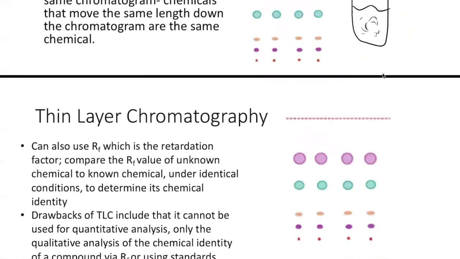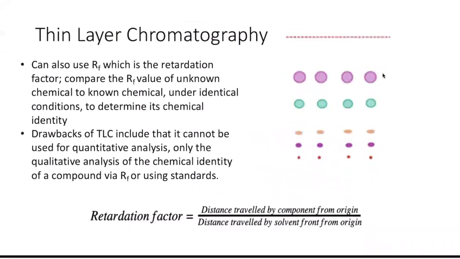So let's move on. This is the same concept, but I really want to drive home the factor of the RF. RF stands for retardation factor, and again, it's for determining the identity of a chemical.